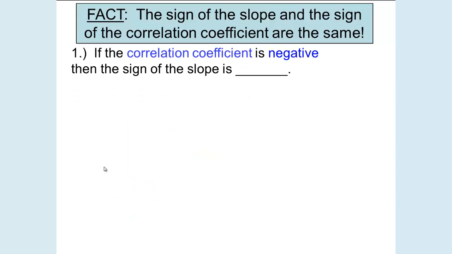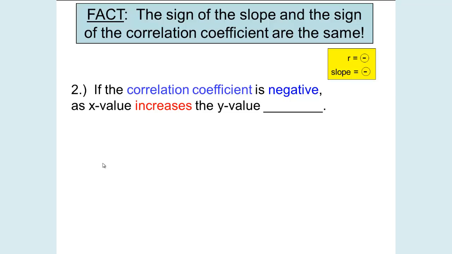If the correlation coefficient is negative, then the sign of the slope is negative. The sign of the slope and the sign of the correlation coefficient are the same. R is negative, then the slope is negative. If the correlation coefficient is negative, as the x value increases, then the y value decreases.